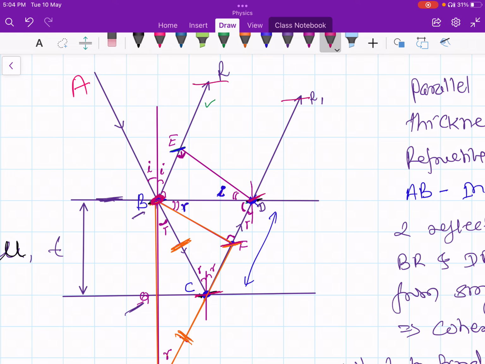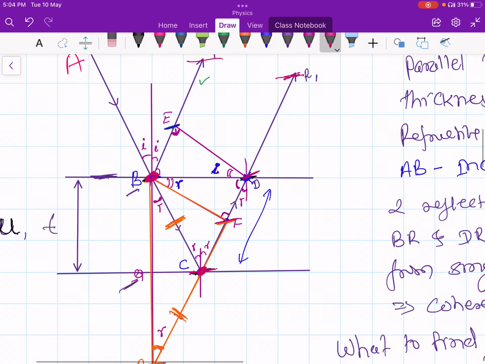Let's see what happens to the ray DR1. To get the ray DR1, first we have refraction or transmission at point B. When there is a transmission, there is no change in the phase or path. It is transmitted along BC. At point C, it is reflected, but it is reflected from the rarer medium. This is the air, and air is the rarer medium. This is the film over here, and film is the denser medium.